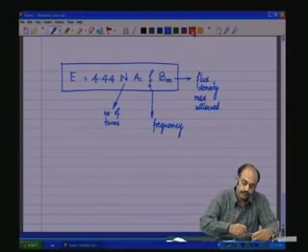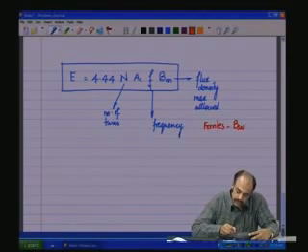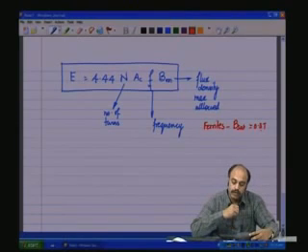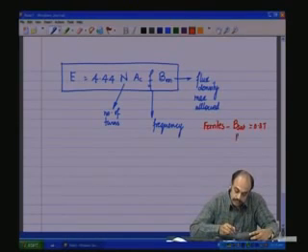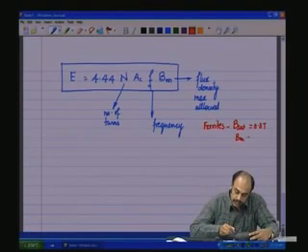Note here, for various materials, I can give the approximate figures. For ferrite materials, B sat is around 0.3 Tesla. So Bm should be less than 0.3 Tesla, around 0.25 Tesla.